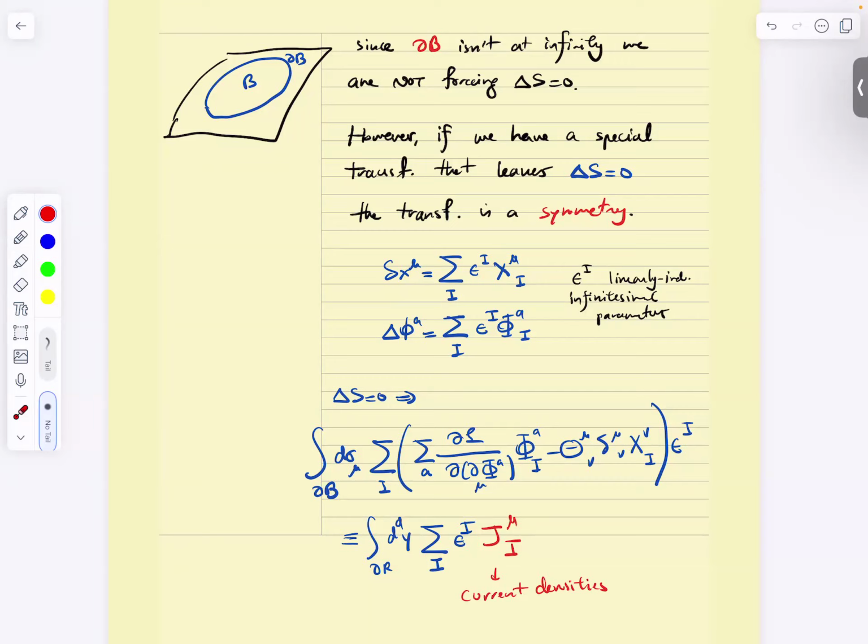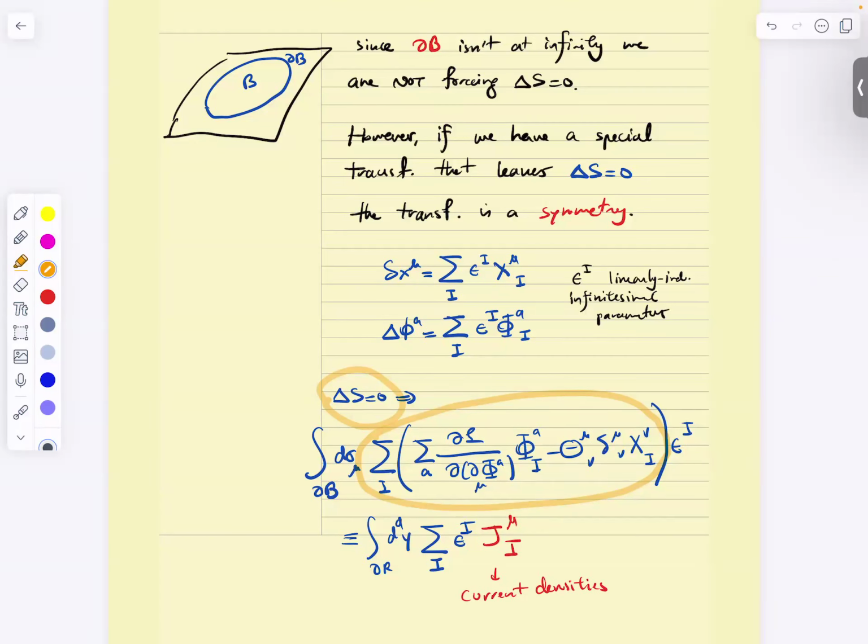Good. And delta of phi has both of these two terms in it. That's why I have epsilon i's. I take epsilon I all out, and I obtain this expression. Now, if delta of S is 0, the kernel must vanish.